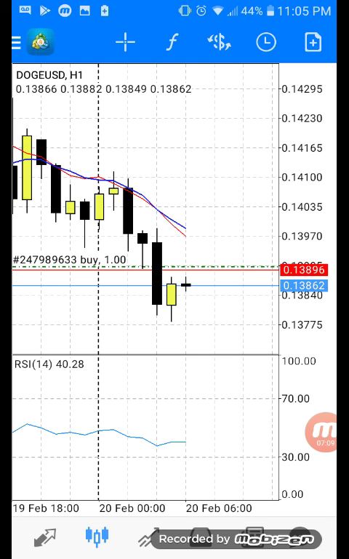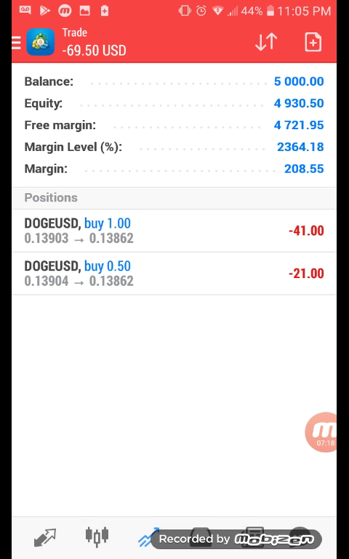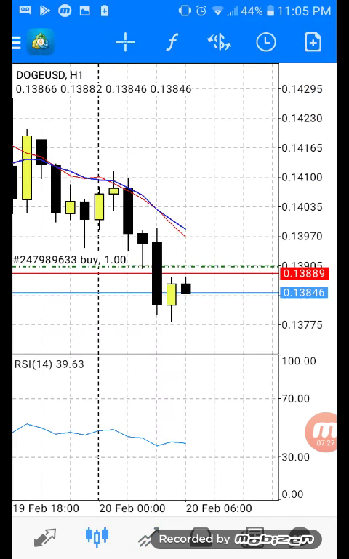As we know, we can make a lot of money with cryptocurrencies, depending on how much money you have in your account. So say you have 5,000 in your account, and you place a trade for $1.50, you could make a lot of money off $1.50.